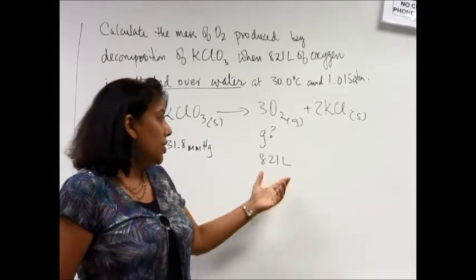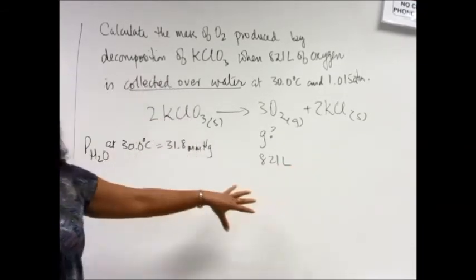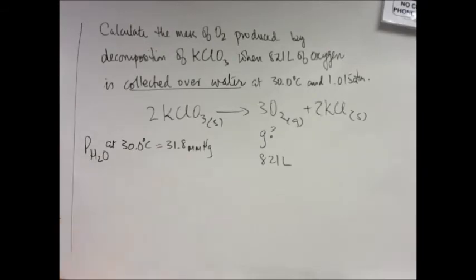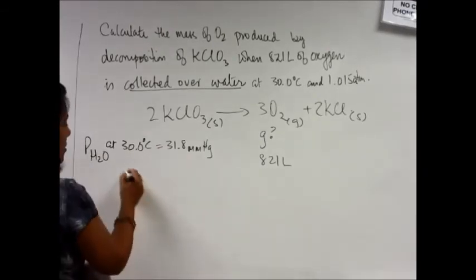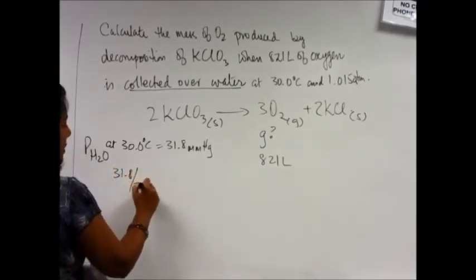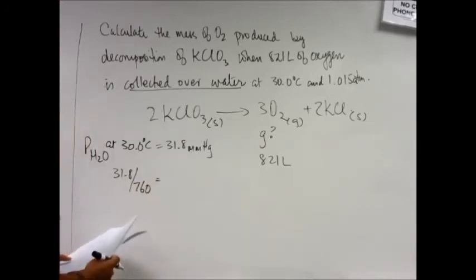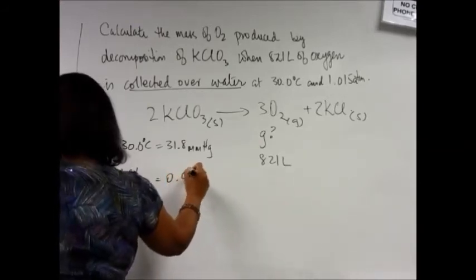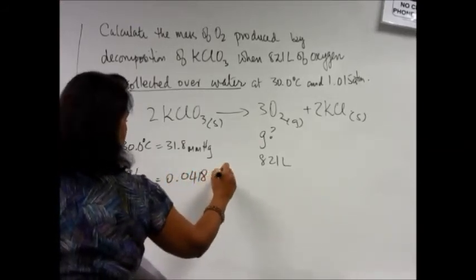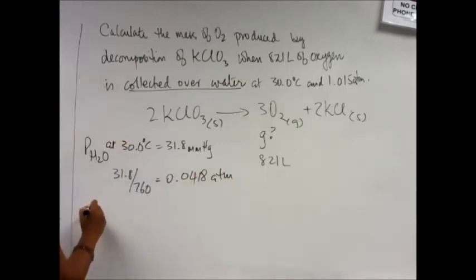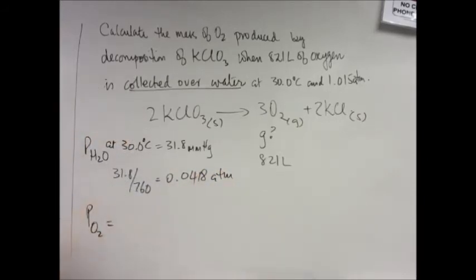We're going towards the gas law, so we might as well convert this to atmosphere, it might be easier. So 31.8 divided by 760 gives us 0.0418 atmosphere.